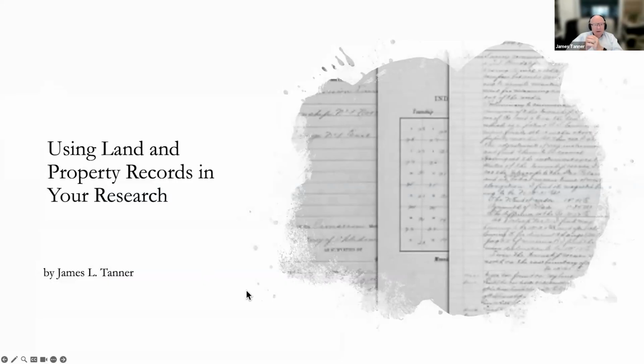Okay, well, today we're going to be talking about using land and property records in your research. This is particularly important from a genealogical research standpoint because we rely heavily on certain records when we're doing initial research and basically starting up, getting going on being a genealogist.